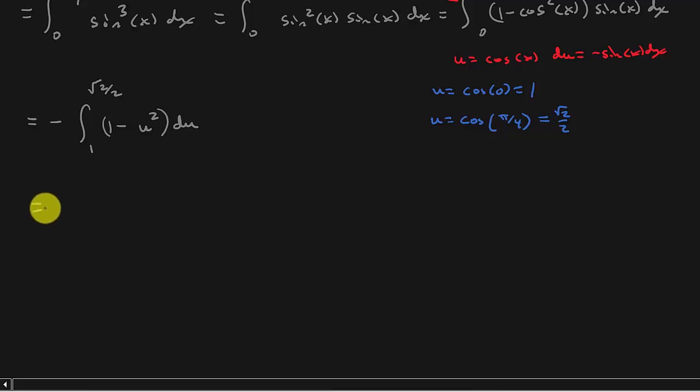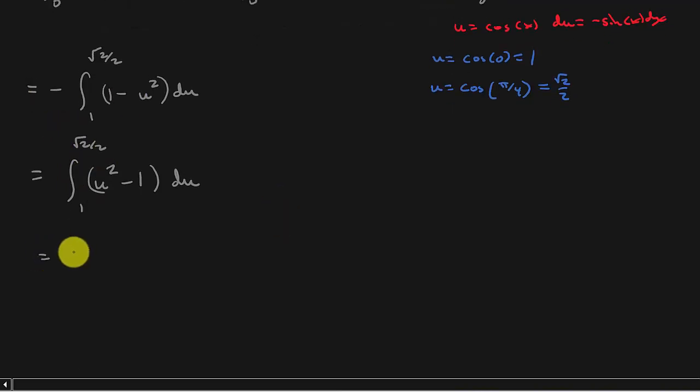And so this is going to give us negative, and you know something, I'm going to go ahead and write u squared minus 1 du from 1 to square root of 2 over 2. Just distribute that negative there.